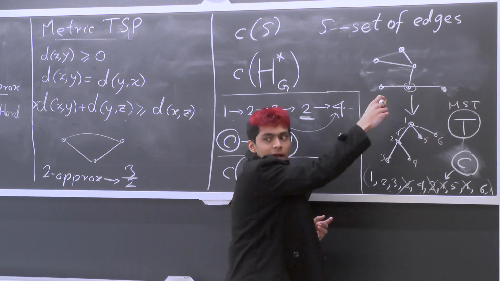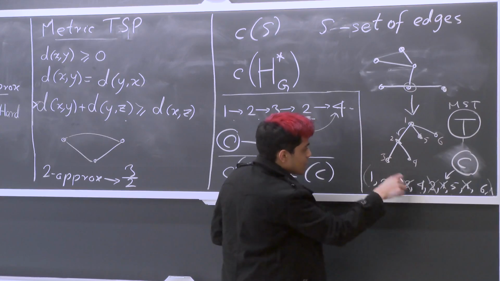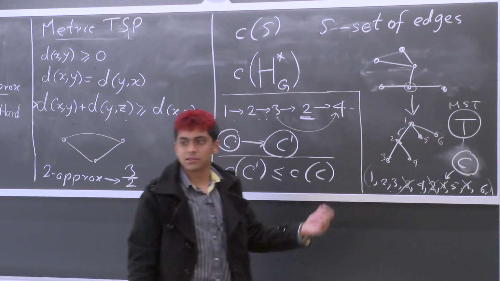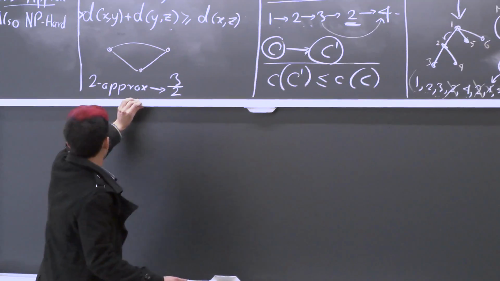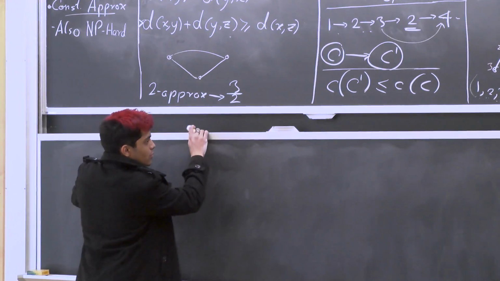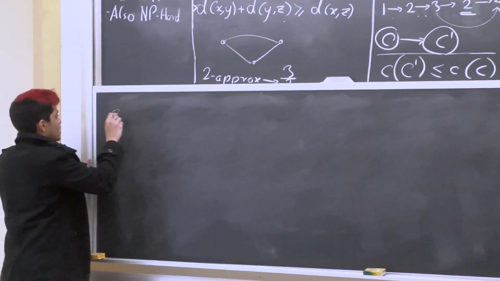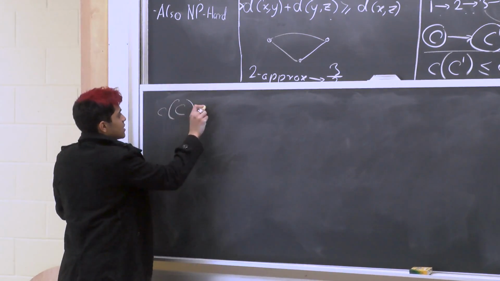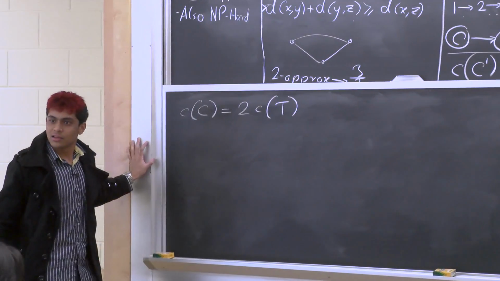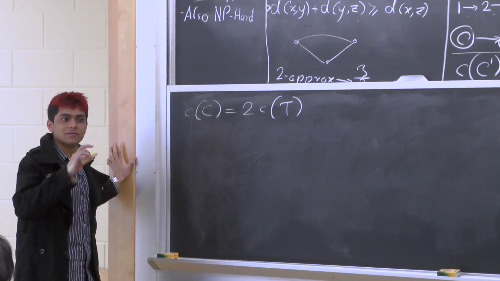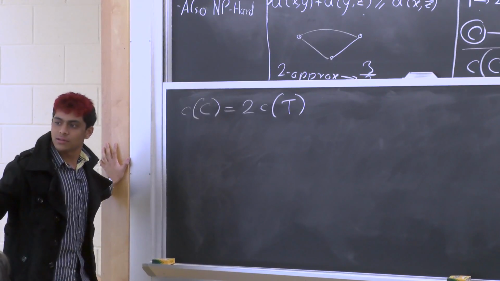So you're going down, you're coming back up, backtracking, going back down. So every edge is traversed twice. So it's exactly twice T. So let's bring up a different board. So you know that the cost of C is twice the cost of T. Does that make sense? Why the traversal implies that you have every edge being visited twice, right?